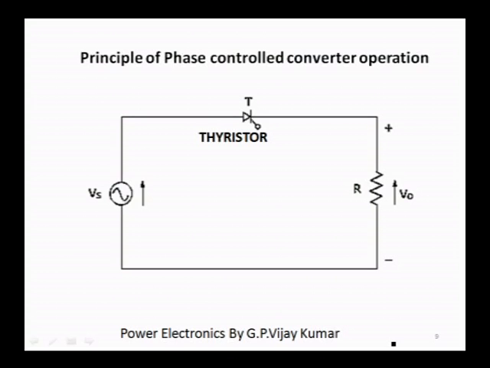When a thyristor is turned on, how to turn on a thyristor you are already familiar with, and in the lab we already conducted experiments on thyristor. The first condition is it must be forward biased. The anode is made positive with respect to the cathode. But whenever the thyristor is forward biased, it does not conduct by itself.